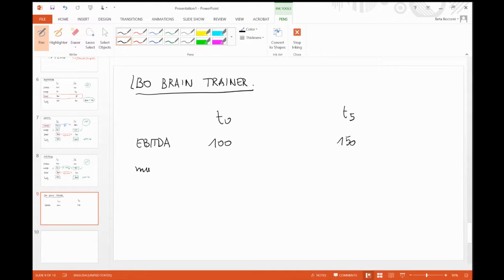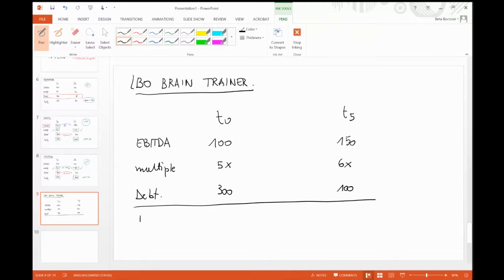In the meanwhile, you expect to buy this company today at a multiple of 5 times. But you are expecting a re-rating of this sector in T5 with an enterprise value EBITDA at 6 times. And you decide today to finance this company with a debt of 300, and according to your projections, you expect to deleverage the company to a value of 100. So my brain trainer for you is the following.